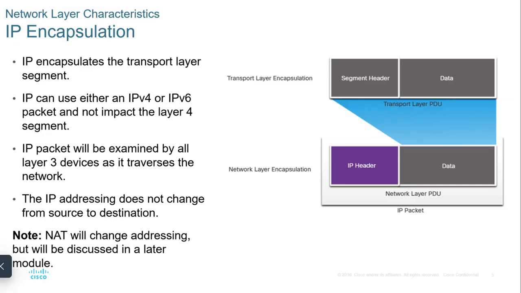IP encapsulation happens when a segment, because at the transport layer we expect a segment, is wrapped with the source and destination IP address.